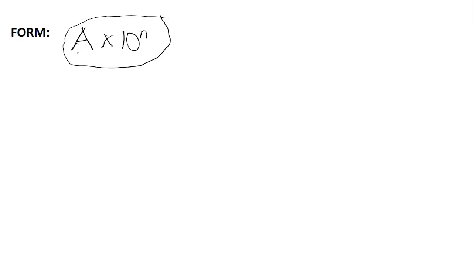So this A satisfies, I'm sure you guys have started learning mathematics, so when I use this language, I expect you to understand. A satisfies this set: 1 less or equal to A less than 10.